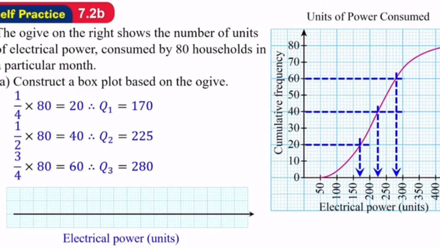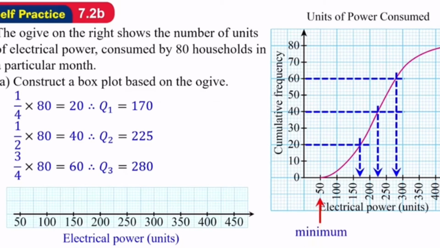So let's label first, label the horizontal axis using the ruler, and let's shift over all the data which actually on the horizontal axis from the Ogive, right? And then we are going to label 50, 100, 150, 200, 250, 300, 350, and 400.